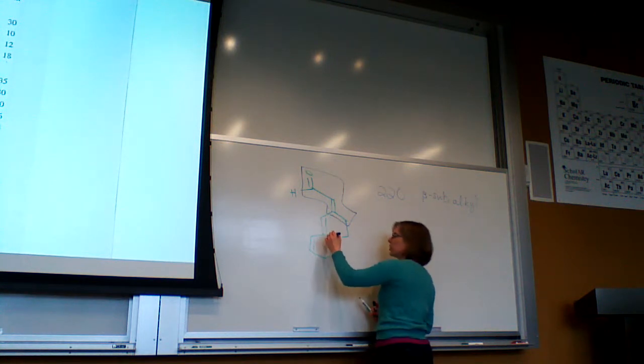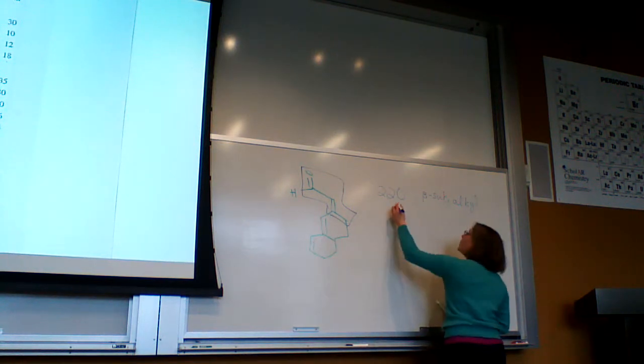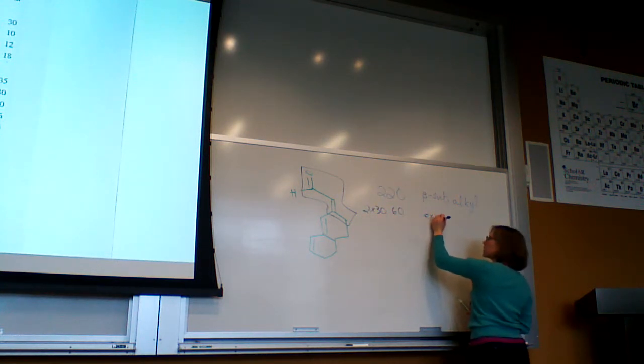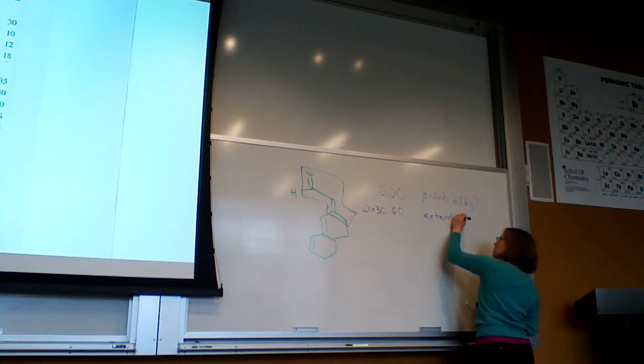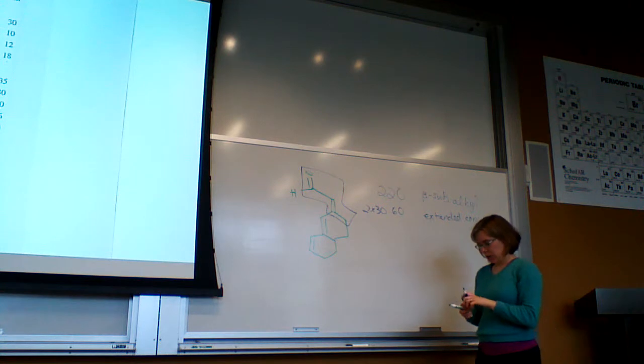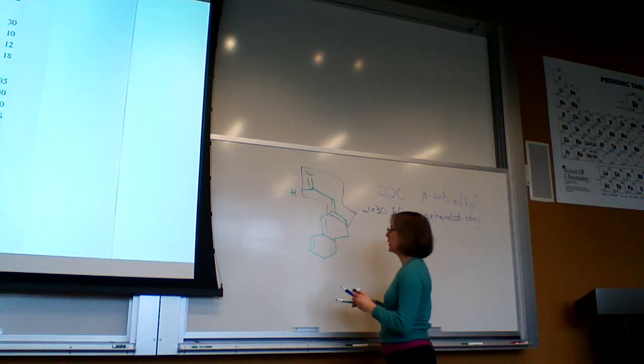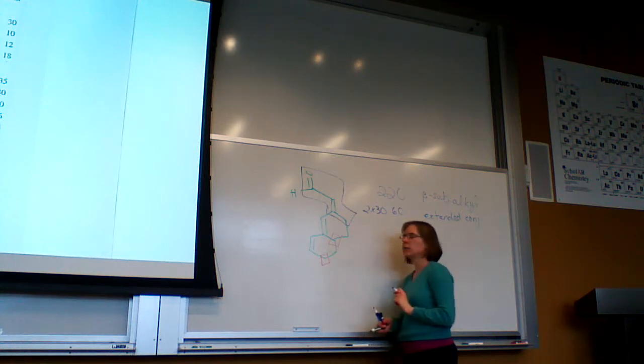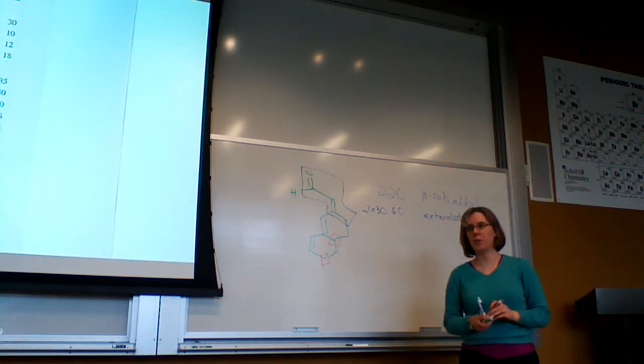Then we are going to look, we have 2 extended conjugation. We have 2 alkyl groups that are gamma or higher.